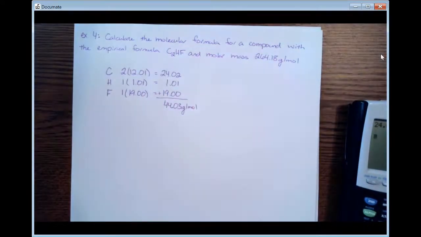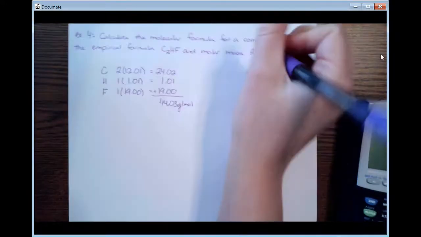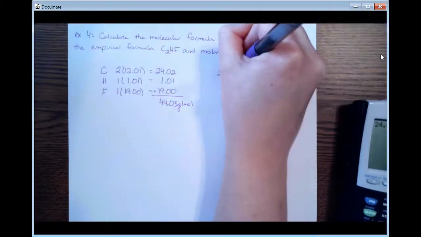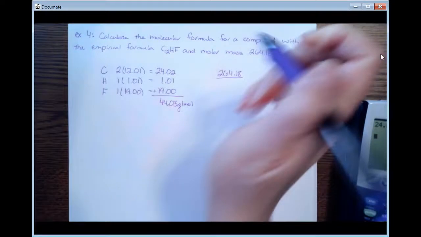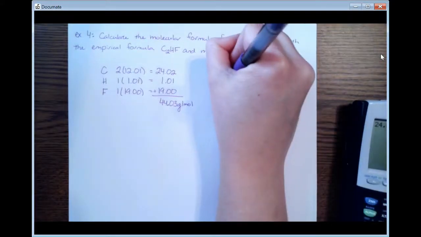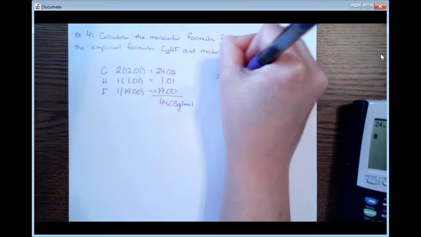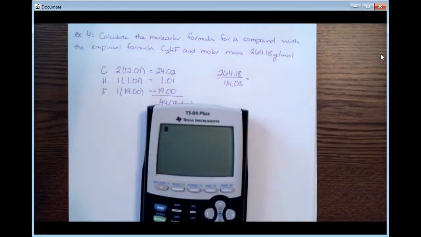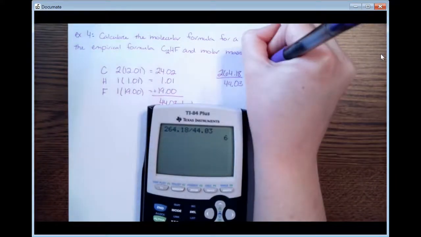Okay, so I'm going to go ahead now and divide the given mass, which is the molar mass of my molecular formula, so 264.18 by the one I calculated, the 44.03. So 264.18 divided by 44.03. And that gives me 6.